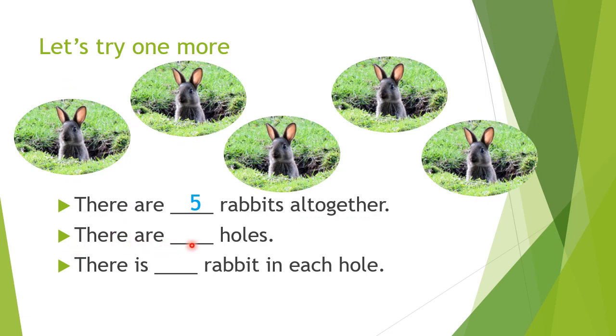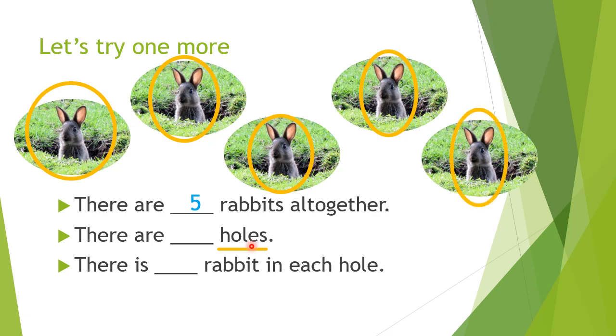There are blank holes. Holes ini artinya lubang. So let's count berapa lubang kami ada. Ada 1 hole, 2 holes, 3 holes, 4 holes, 5 holes. Ada 5 lubang. So there are 5 holes.